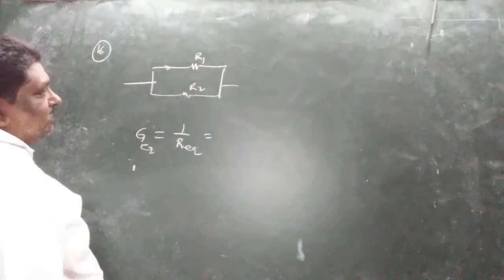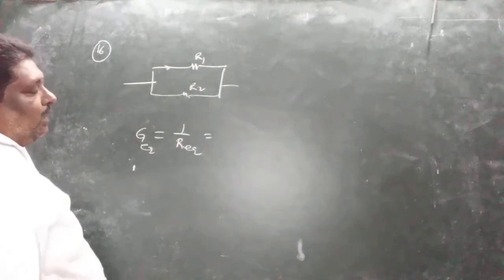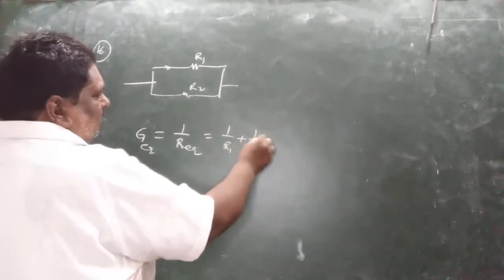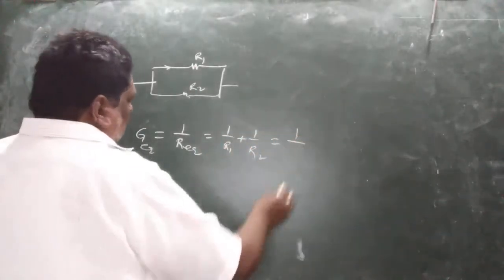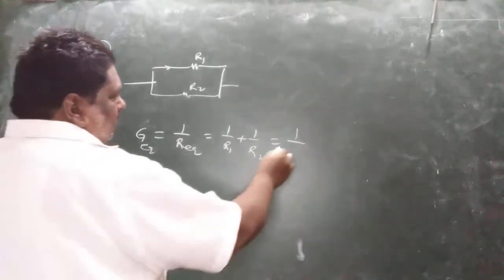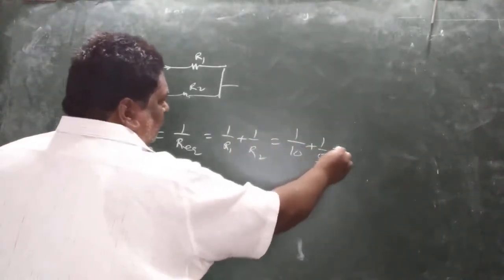So for two resistors in parallel, 1 by R equivalent is 1 by R1 plus 1 by R2. Those values are given, 10 and 5. 1 by 10 plus 1 by 5.